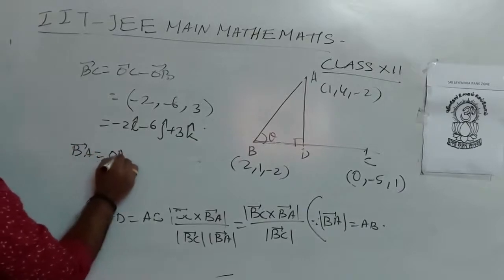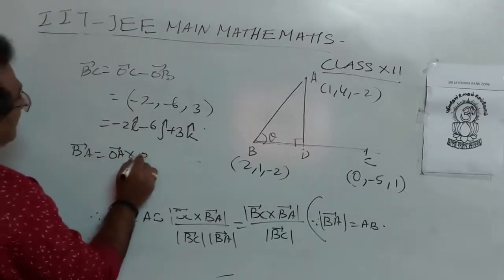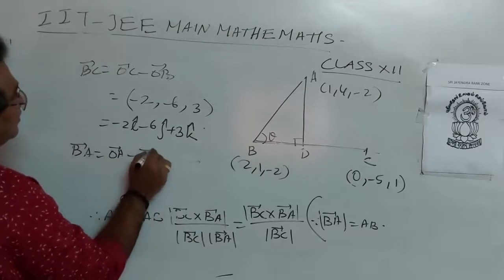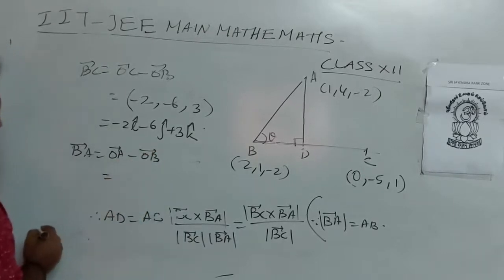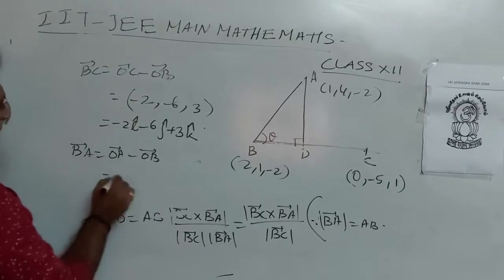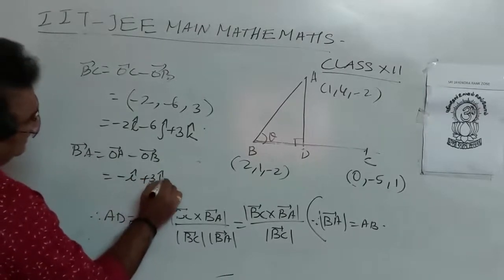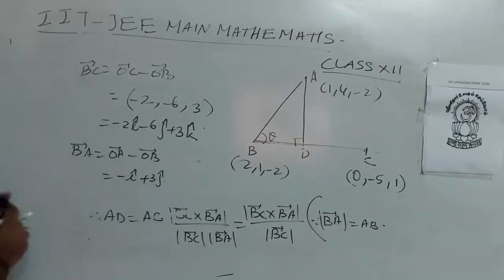BA vector is OA minus OB vector, that is minus i plus 3j.